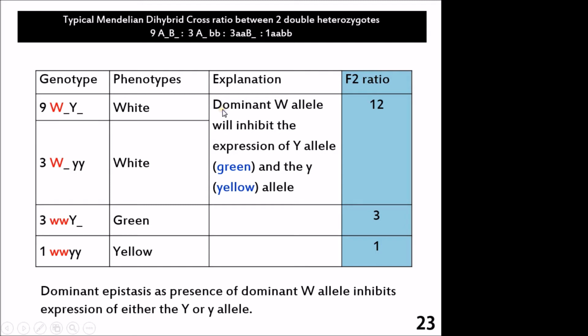You notice over here, these are collapsed because as long as you have one dominant W, it will inhibit the expression of your big Y allele or small y allele on the other gene locus. The only time you can see any color is if you don't have the big W there. So if you see a ratio like 12:3:1, you know that you're looking at dominant epistasis, where one dominant allele will mask the expression of the alleles of another gene locus.